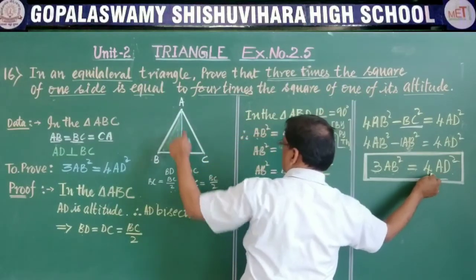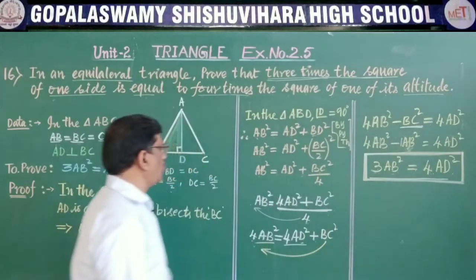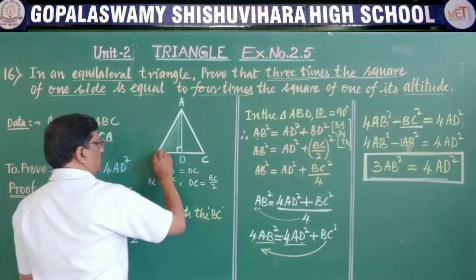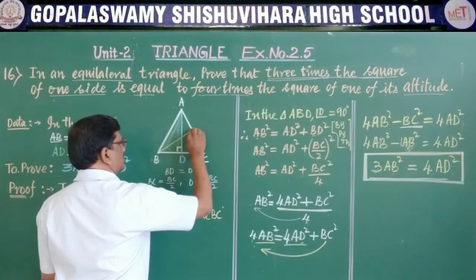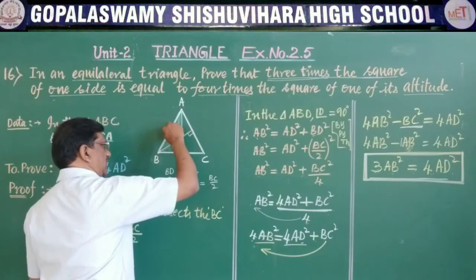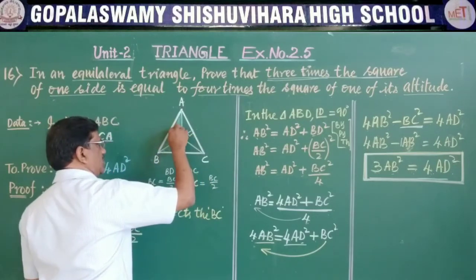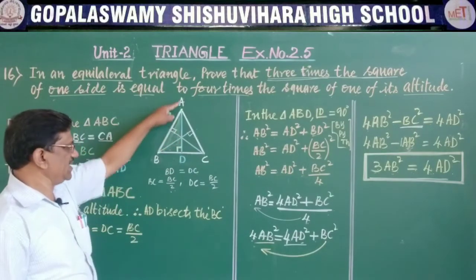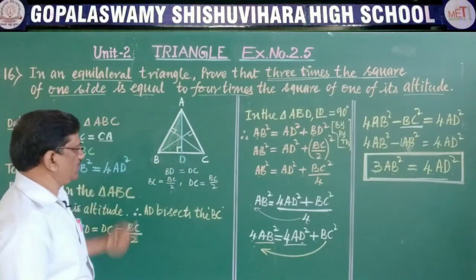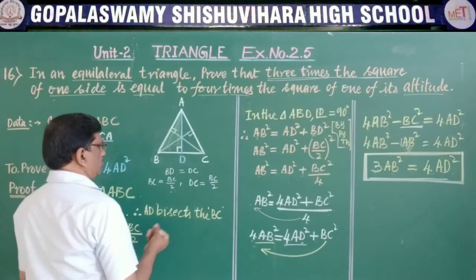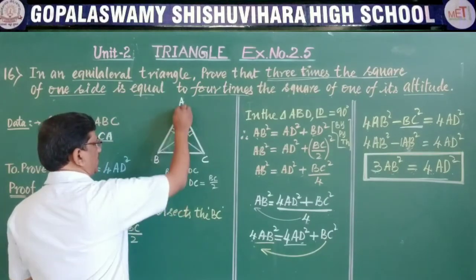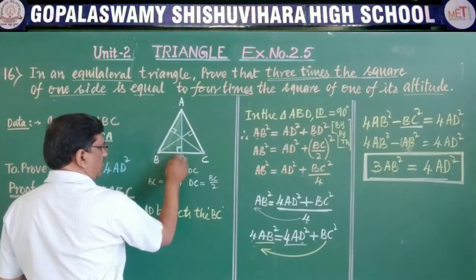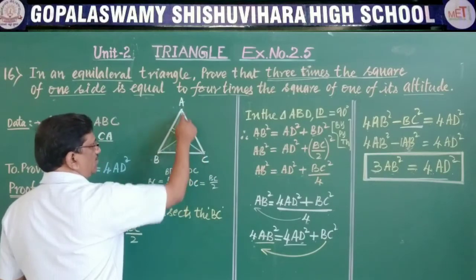4 times the square. We can draw 3 altitudes in this. We can draw altitude like this also or like this also. But here we have considered only one, that is AD. Clear, children? If you want, you can prove this by taking AC as a base. Here I have taken BC as a base.